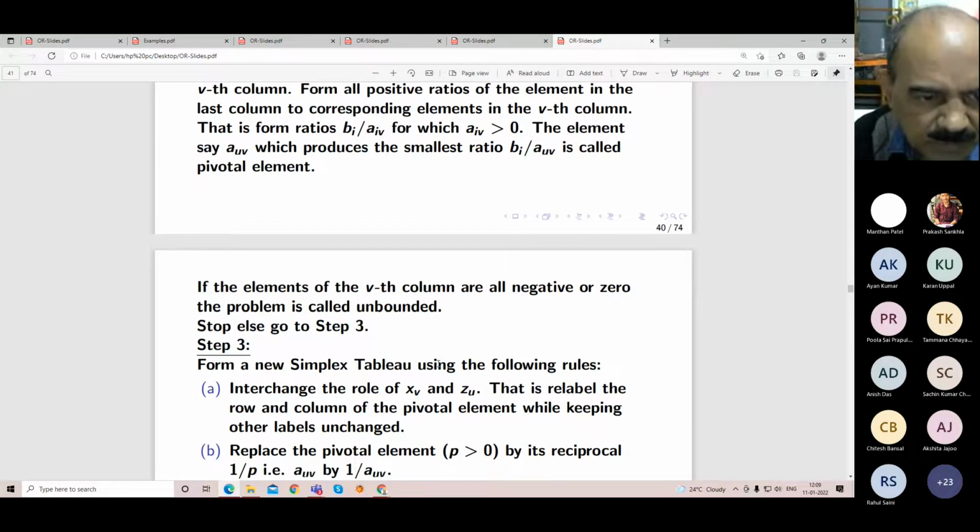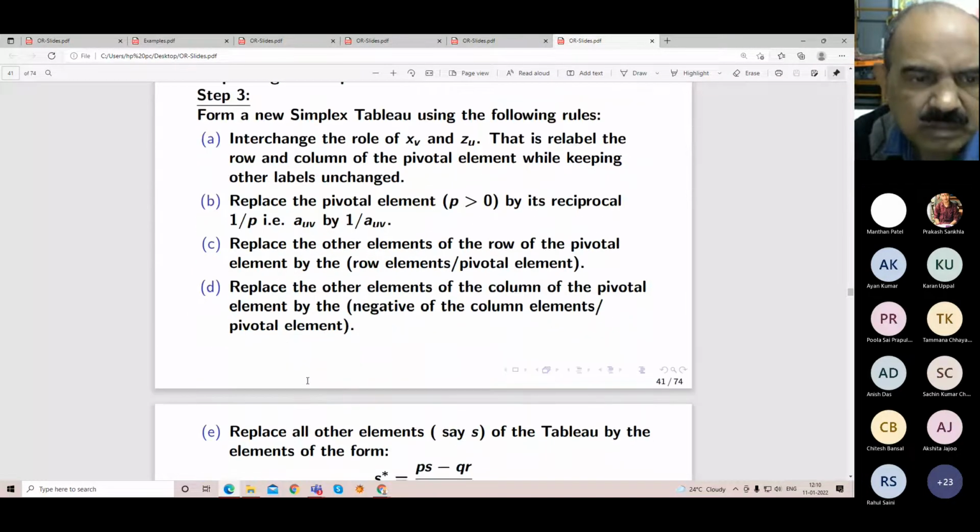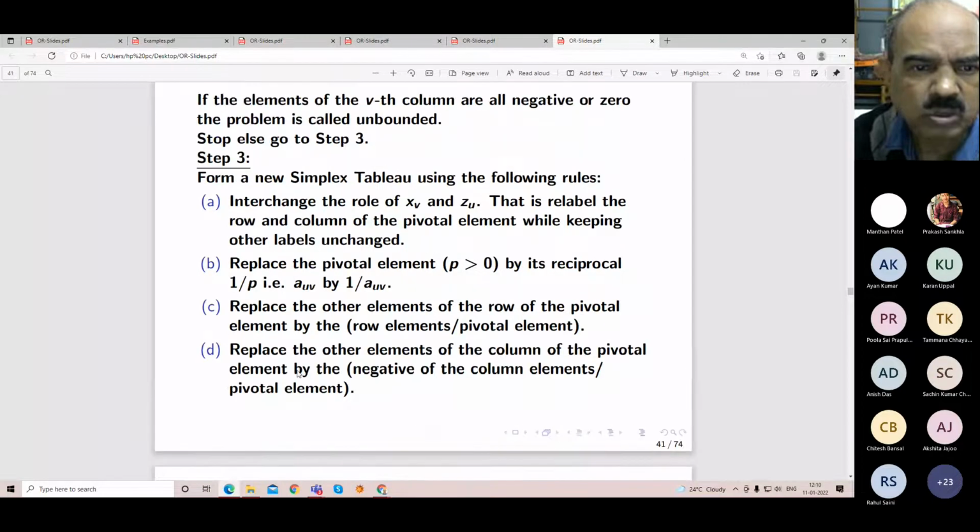What is step 3? Step 3 has several sub-steps like A, B, C, D, E. We'll discuss them one by one. In step 3A, interchange the role of XB, which stands for a non-basic variable, and ZU, which stands for a basic variable.